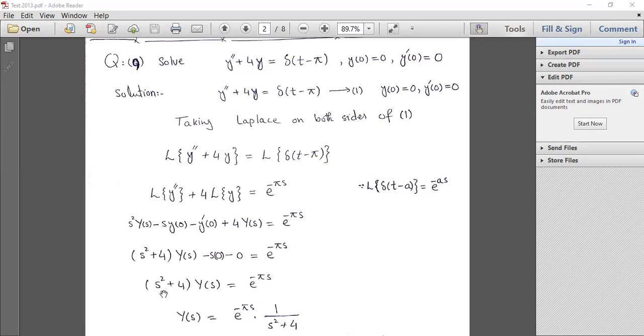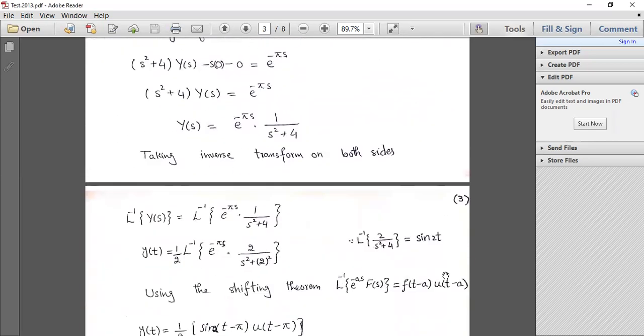In next step, when we simplify this, we get s square plus 4 into y of s is equal to e power minus pi s. In next step, we divide both sides by s square plus 4, we get y of s is equal to e power minus pi s into 1 over s square plus 4.